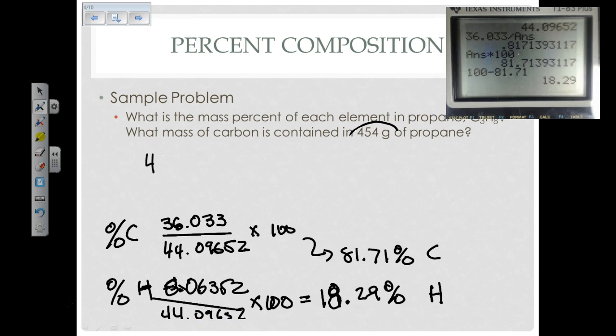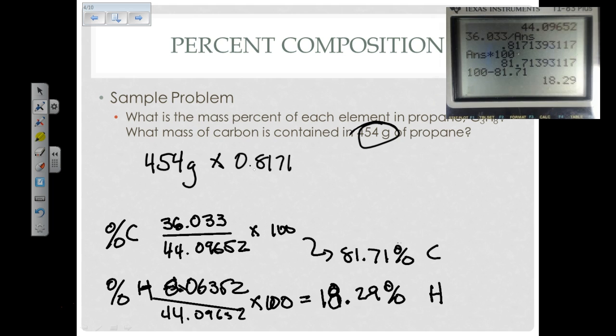We're going to go 454 grams multiplied by 81.71%. When we do this we use the fraction, so I call it the fractional percent, because we don't ever do the math with the percent, we actually have to convert it.